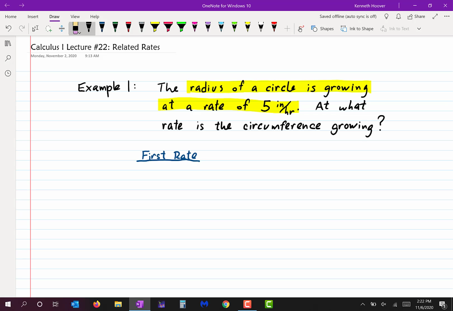Okay? Let's write this down. The radius, let's just say r, okay? Instead of writing the radius, let's just say lowercase r for radius. That's what we usually do, right? When we're talking about circles, we use r for radius. So r is growing.